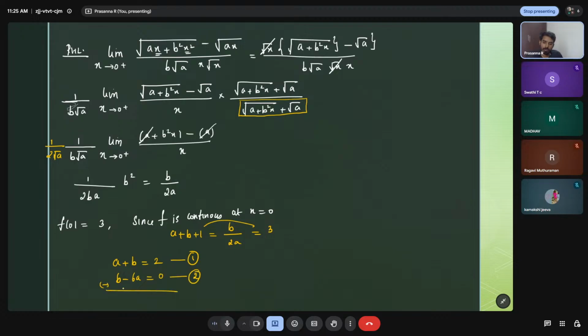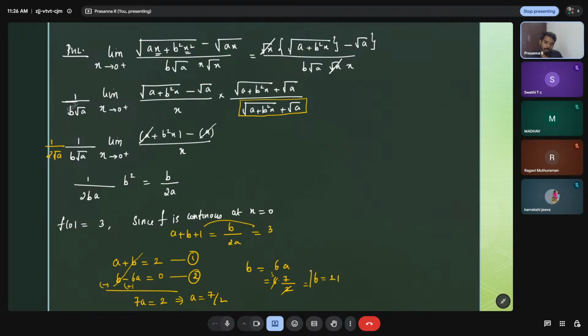Now you subtract this. So these two will get cancelled. So a plus 6a, 7a is 2. So a is 2 by 7. If a is 2 by 7, you know b is 6 times a. 6 times 2 by 7.